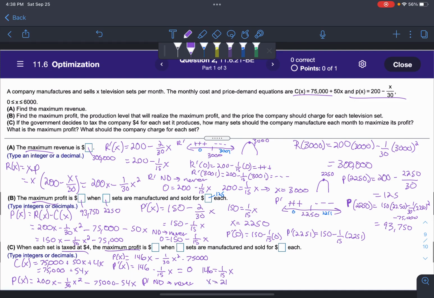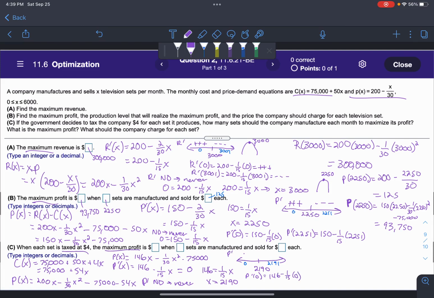So let's verify if 2190 is a maxima. So let's plug in 0, 2191 into our P prime. So P prime of 0, we get 146 minus 1 over 15 times 0. That's going to give me a positive number.